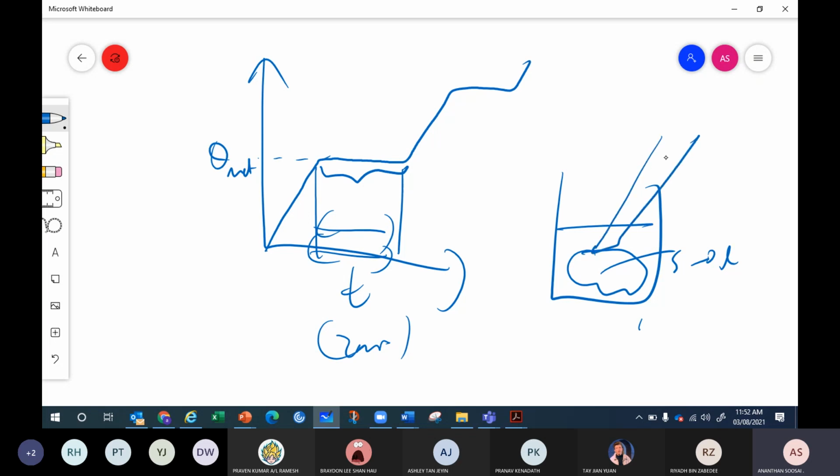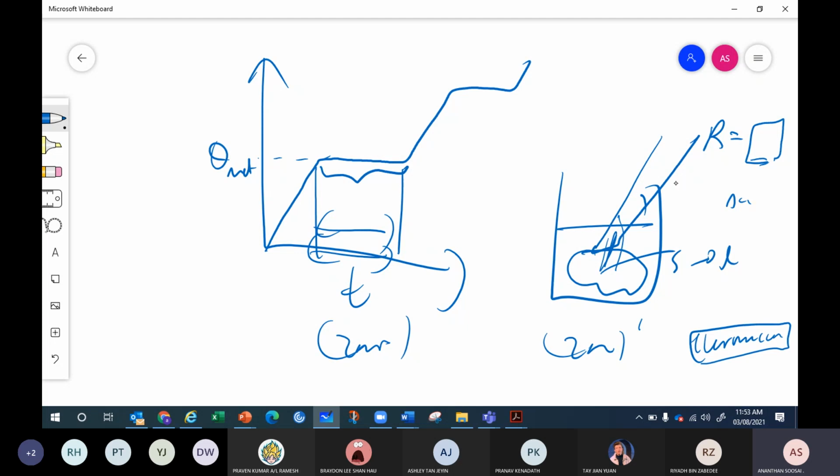So during that moment, if you put in a resistance thermometer, it takes the energy, but at the same time it has enough time to achieve thermal equilibrium. So the temperature given by the resistance thermometer has already achieved thermal equilibrium. Once it achieves thermal equilibrium, the reading it gives is very accurate compared to a thermocouple.